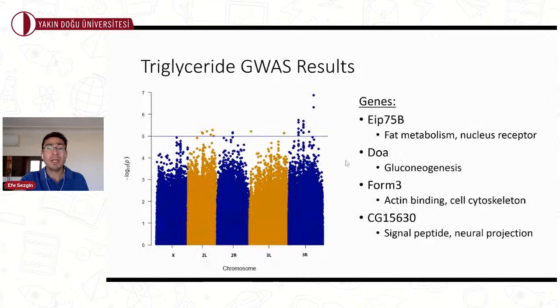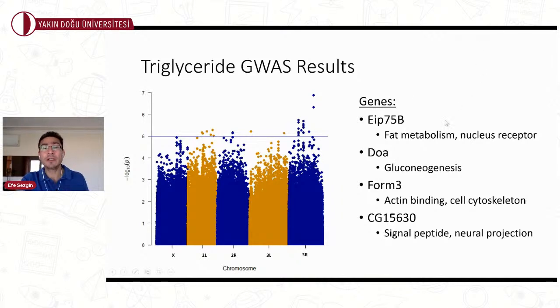And because Drosophila is a model organism, and we have all these tools and measurements with us, let's do a genome-wide association study and take a look at whether there are genes on the host that also contribute to these triglyceride levels, and see if the genes contributing to the Basidiomycota level and the triglycerides are similar, different, or is there any overlap? Because if you remember, Basidiomycota seems to be influencing the fat metabolism.